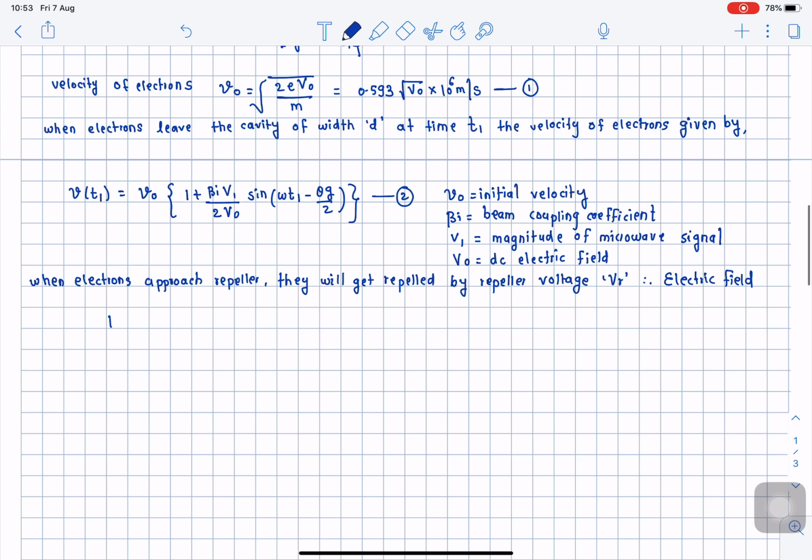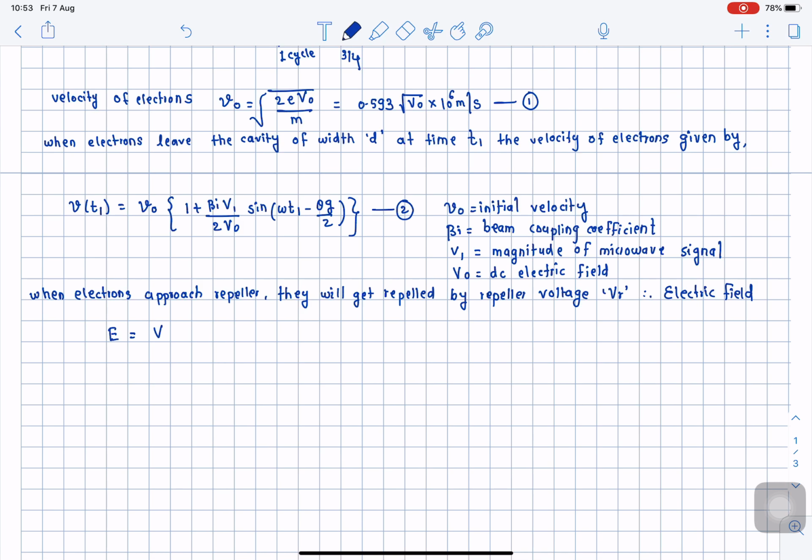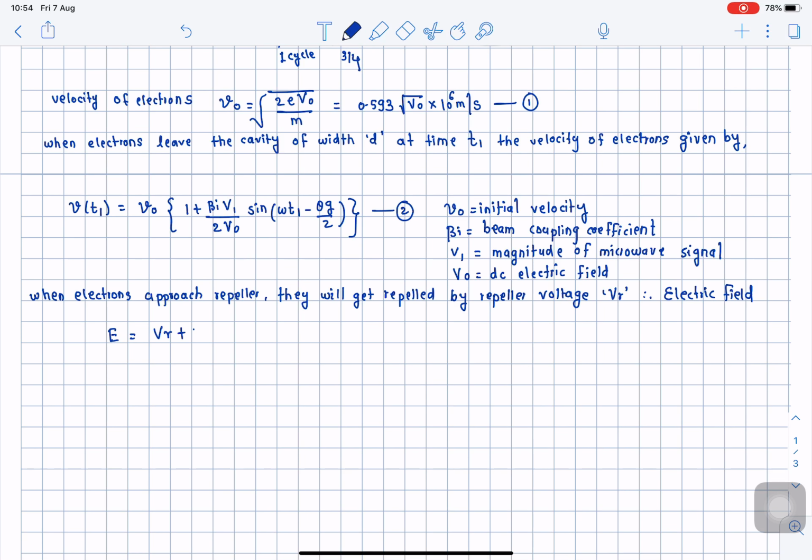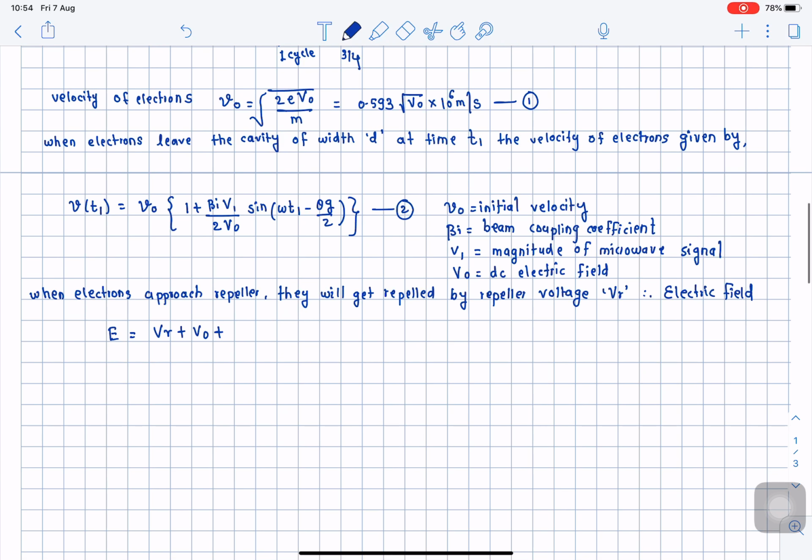Electric field E is equal to the total electric field, which becomes the sum of the repeller voltage VR, plus the DC field which we applied to the cathode V0, plus the micro signal with amplitude V1 sine omega t, and the whole thing divided by the drift space L. This is equation number 3. And what is L? L is the drift space, please remember.